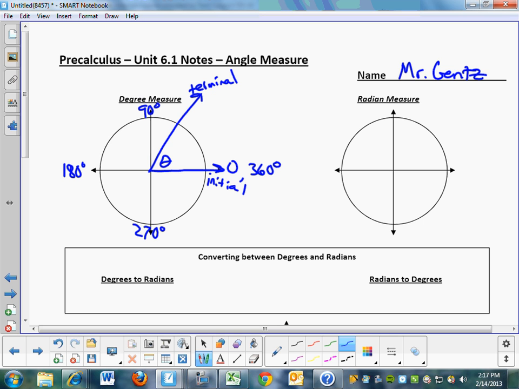Now we talked about radians, but let me put it in a new way that really seems to make sense to people. Again, radians might be, say, the metric version of this, okay? And we like to use radians a lot.